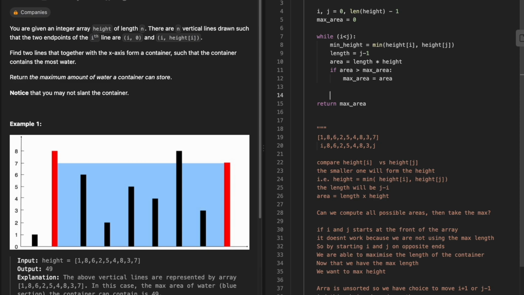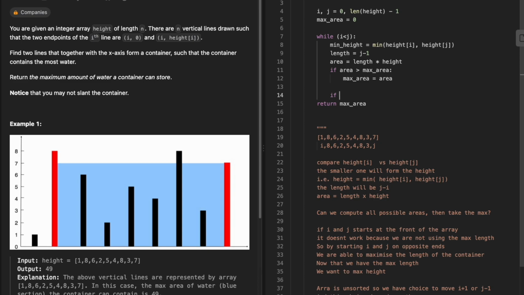You want to see whether or not we can increase the min height, right?